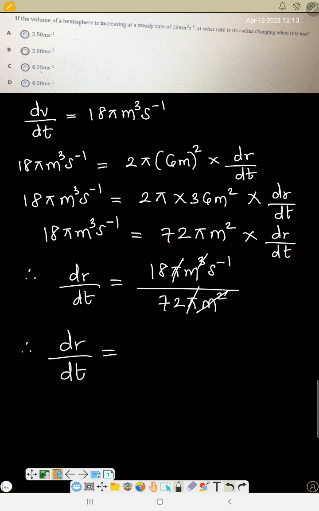So 18 divided by 72 is 0.25 meters per second. That will be the rate at which the radius is changing. So the correct option is C, 0.25.